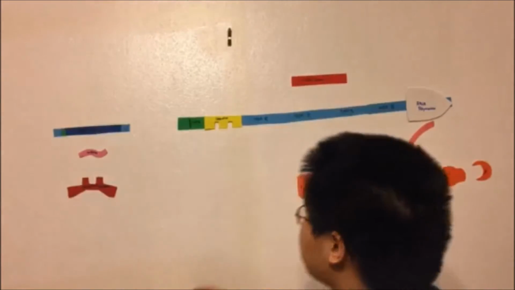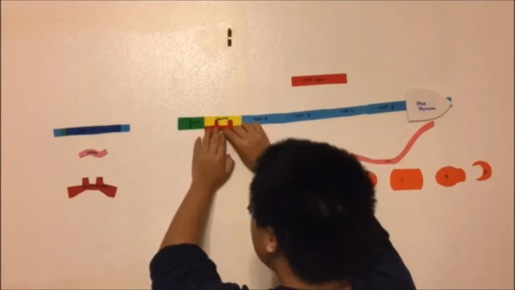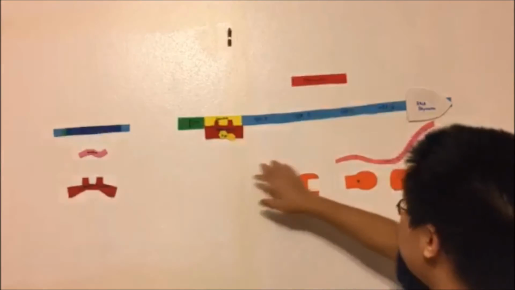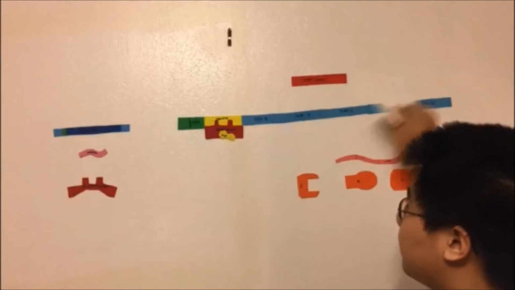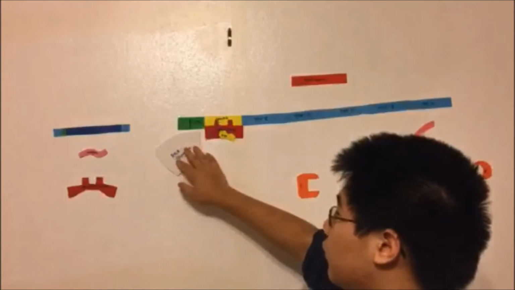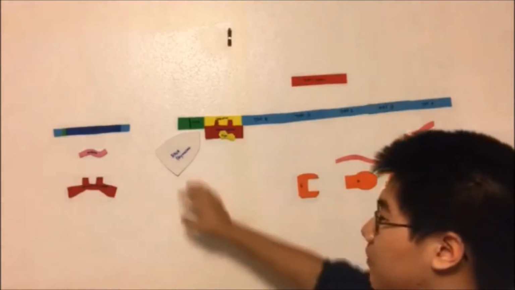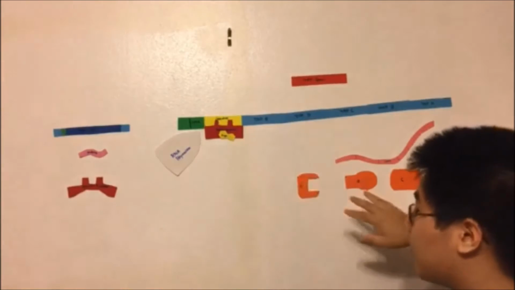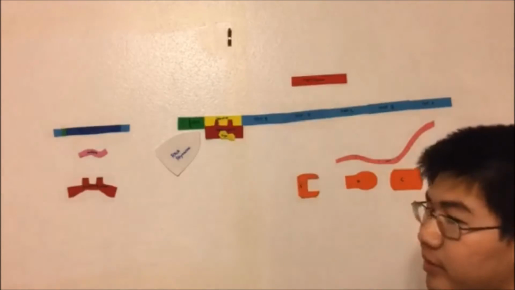The active repressor will then bind to the operator. What this does is it prevents RNA polymerase from binding to the promoter. Therefore, it is negative feedback because it prevents RNA polymerase from producing 5 polypeptide subunits.